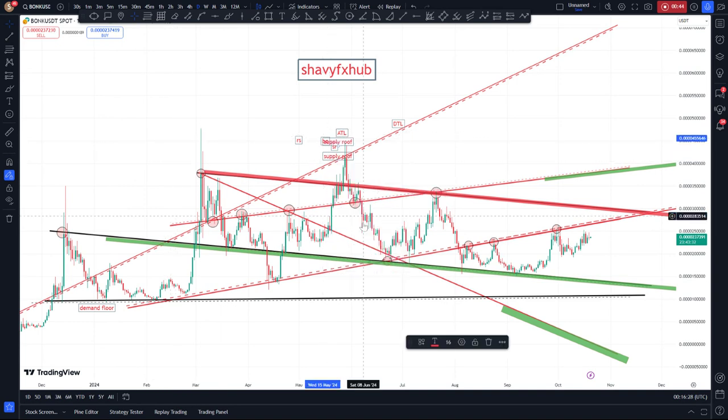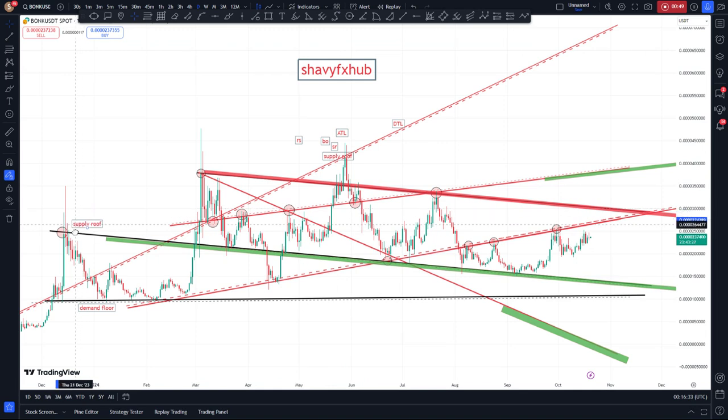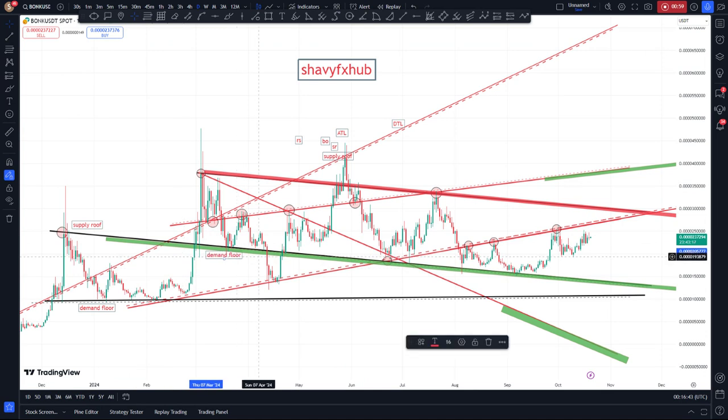This is a supply roof. So when price broke the supply roof, it turned it into a demand floor. It played a crucial role in breaking the demand floor.